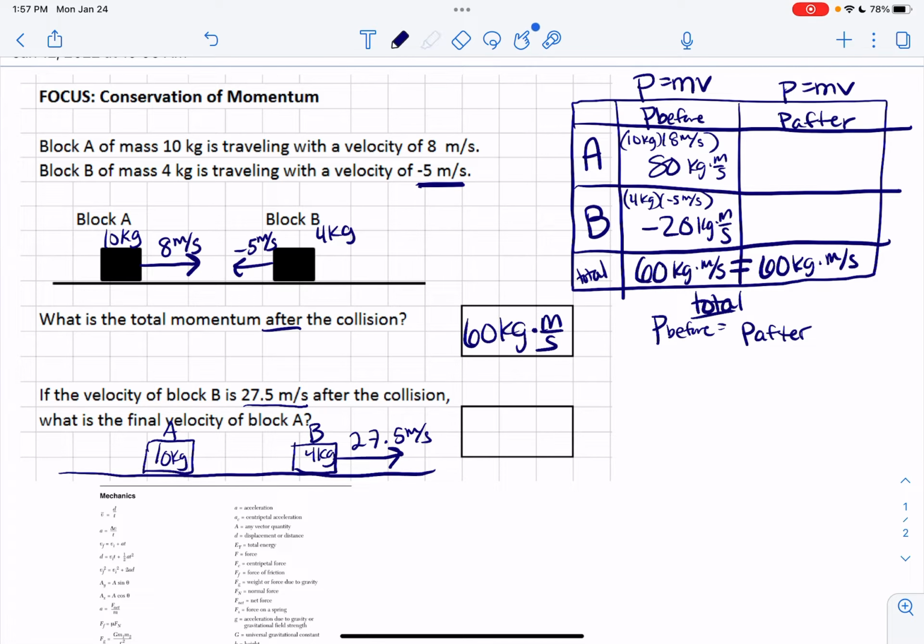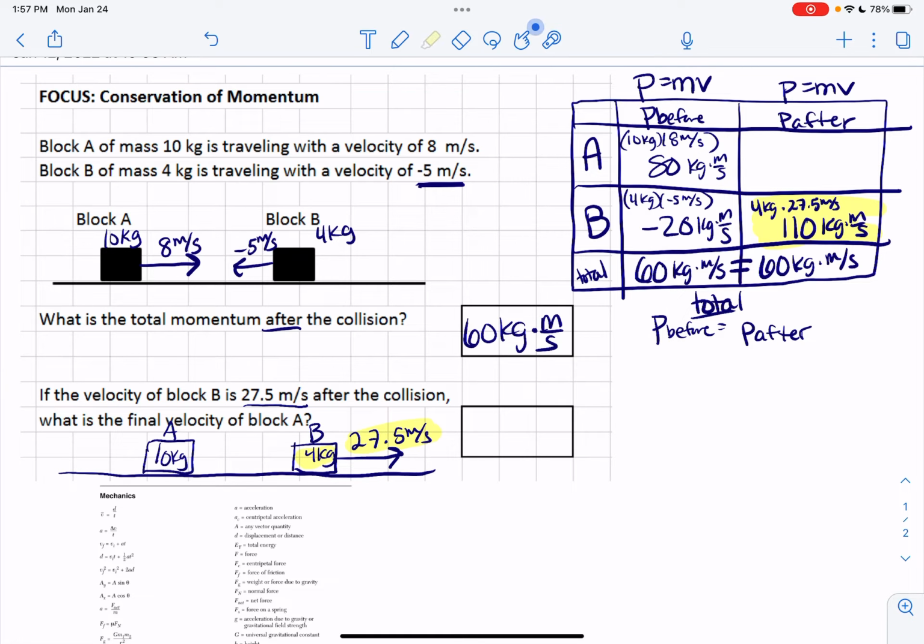We can solve for the momentum of B after because we know the mass and we know the velocity. So that's what I'm going to do here. It's going to be 4 kilograms times 27.5 meters per second. And when I do that math, I get 110 kilograms times meters per second.